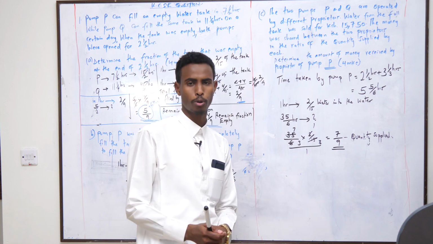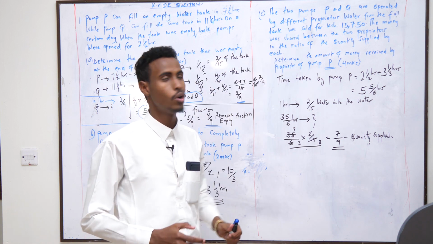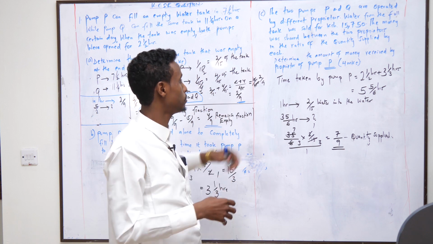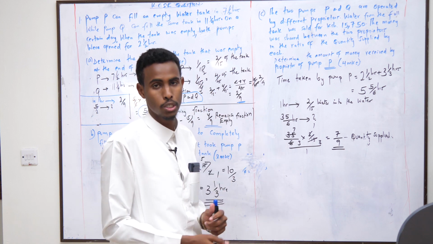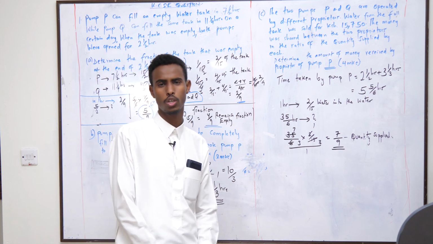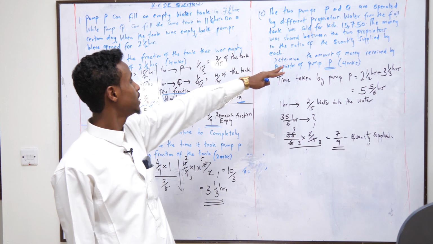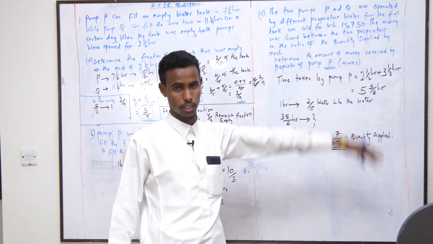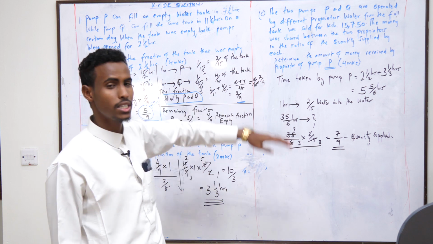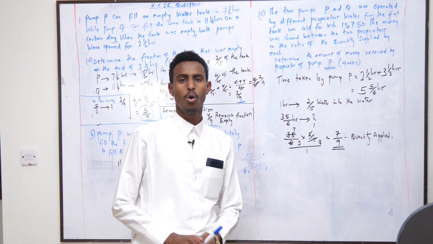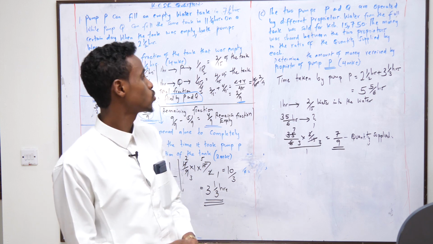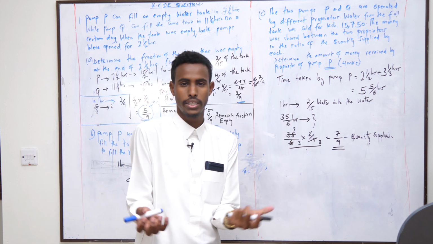These 2 proprietors were different people. One was owning pump P, and another one was owning pump Q. The total amount of money allocated for these 2 persons was shilling 15,750. And the ratio in which this money could be shared was subject to the amount of water supplied, which is referred to as the quantity supplied.